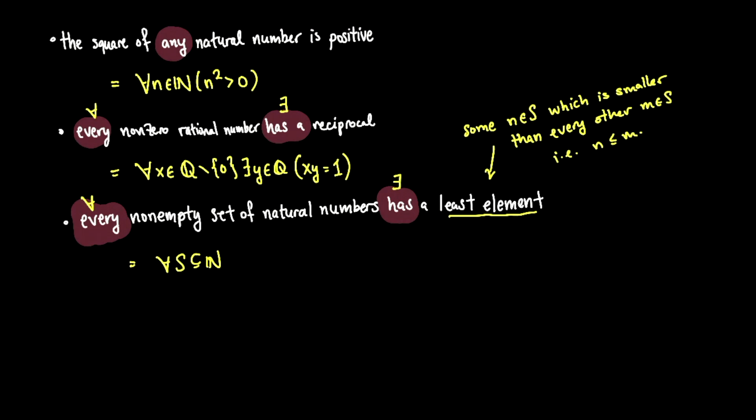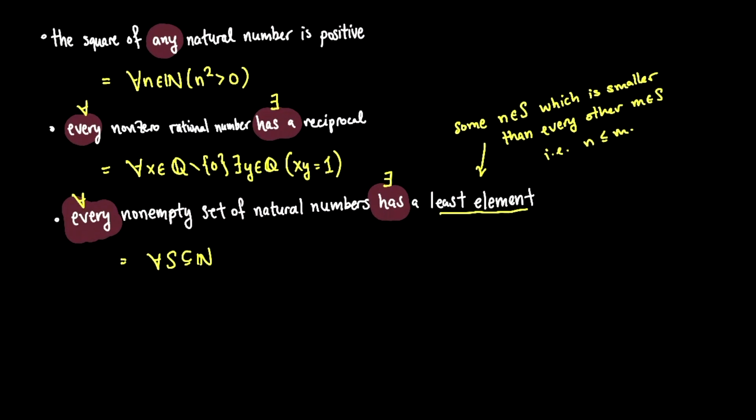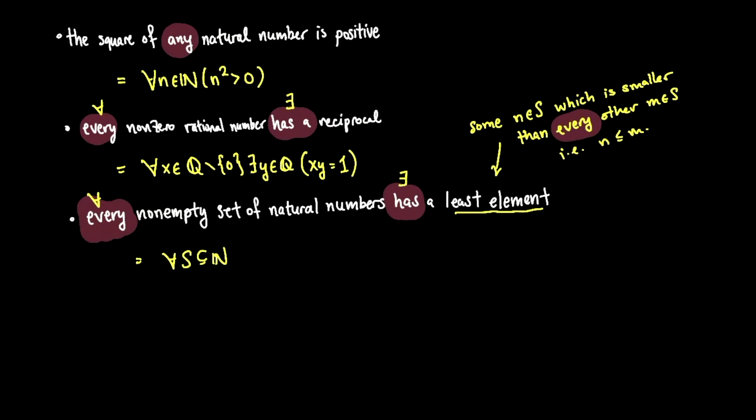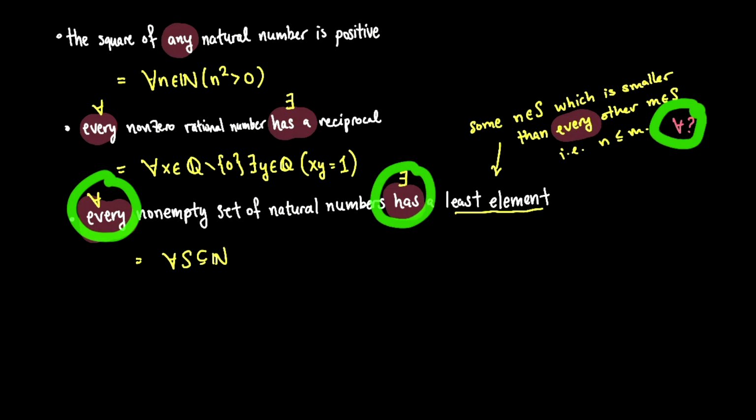And now that's kind of weird, right? Because now I have to quantify, well, I use the word every again here. So that's indicating to me that I should be using a for all quantifier. So I have a for all quantifier here, a there exists quantifier here, and another for all, or universal quantifier.